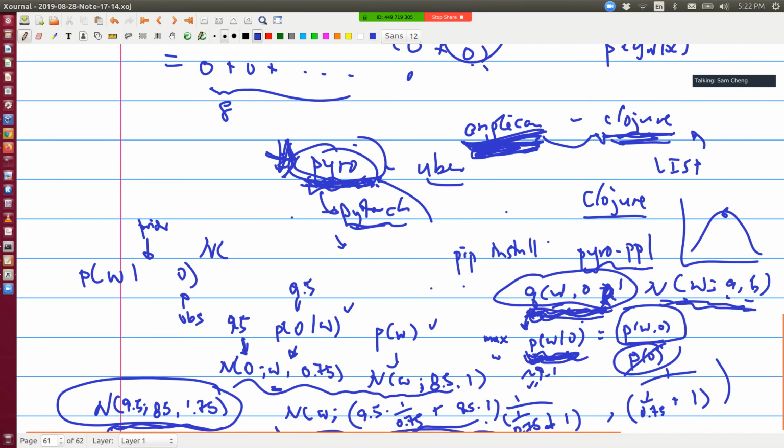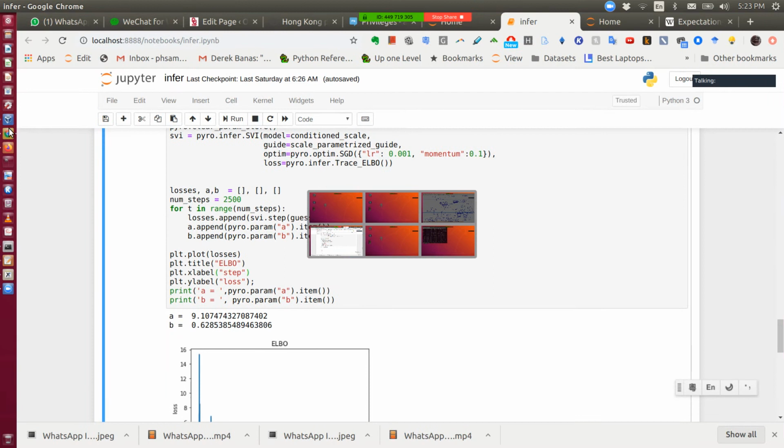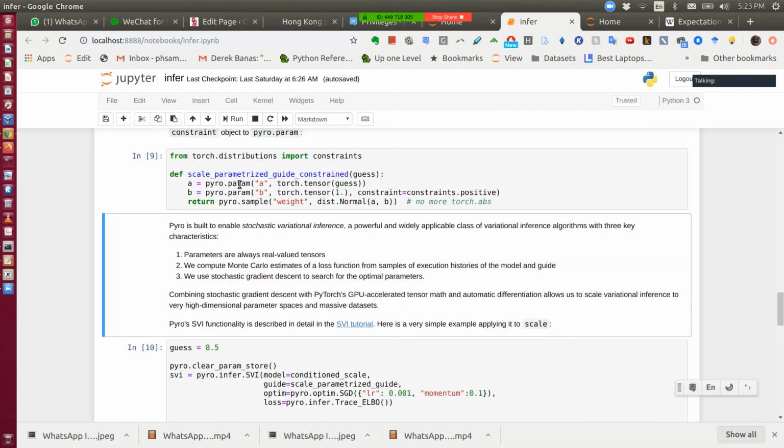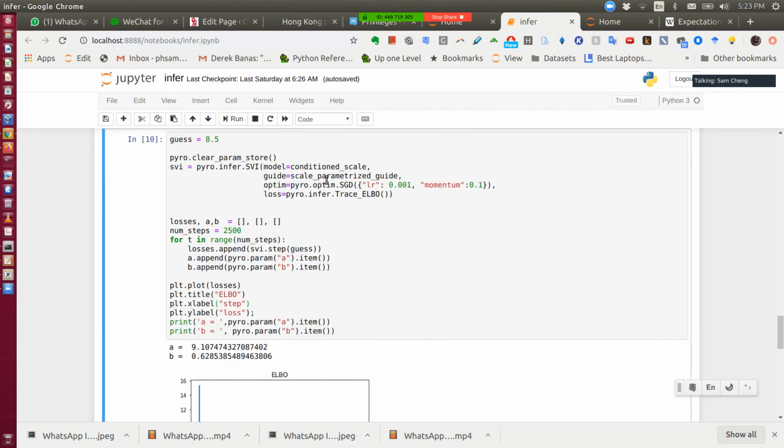They will try to make this one close to this one, and at the same time they're trying to maximize this one. If you look in the code, you can see something like you use momentum SGD. That's the optimization here.